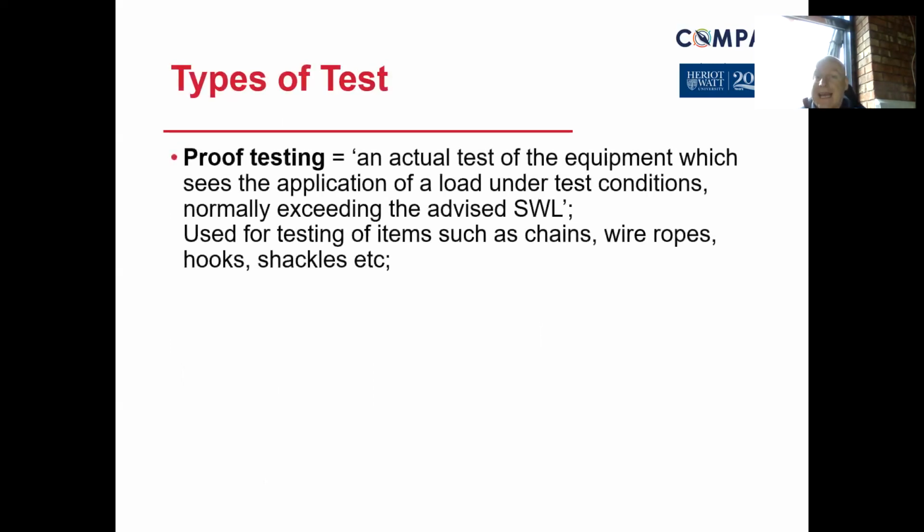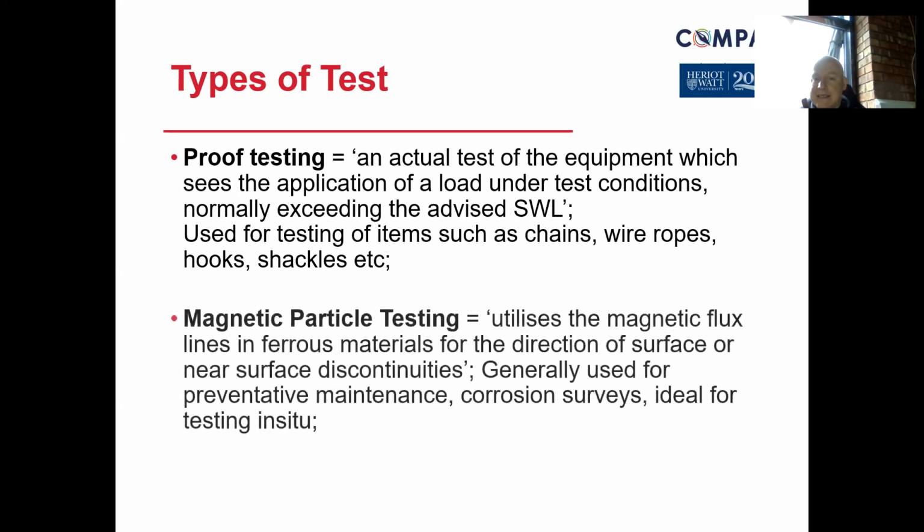Proof testing is an actual test of the equipment's safe working load, putting it under strain. Magnetic testing looks at magnetic flux, trying to find any weaknesses, and the magnetism will generally identify where that corrosion or gap or hole lies. But the good thing about it is it's non-destructive.